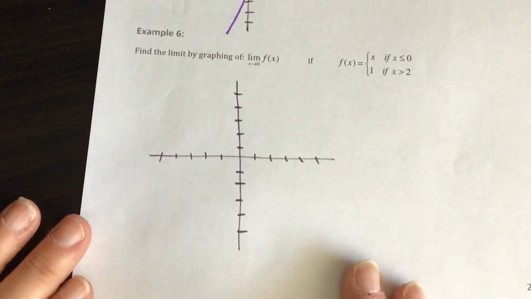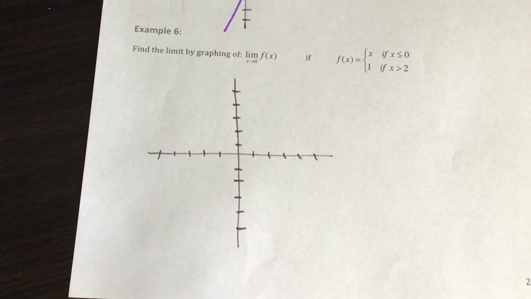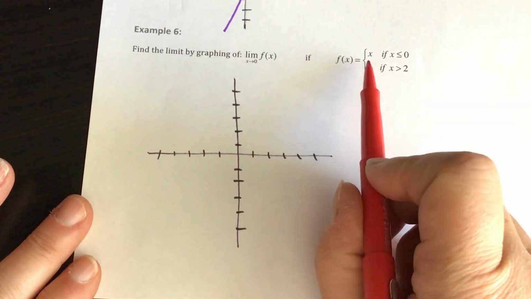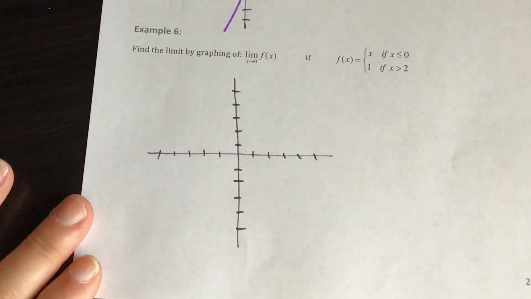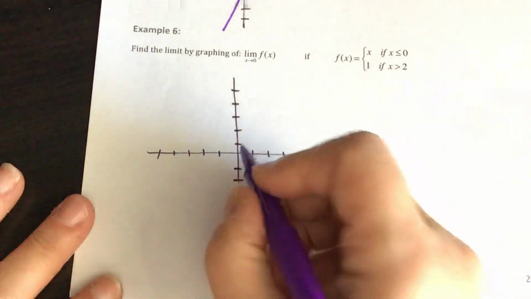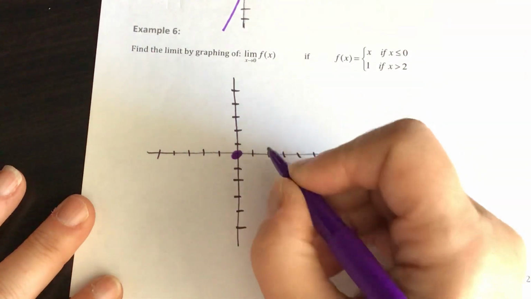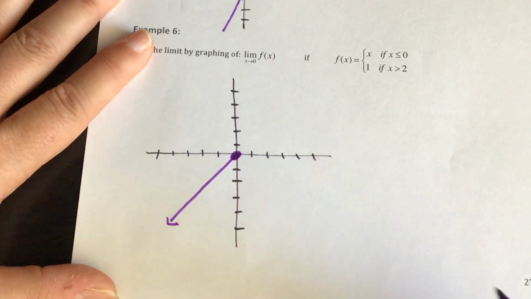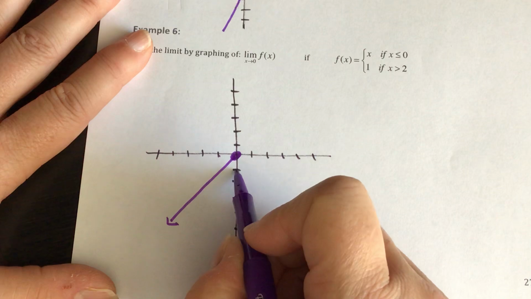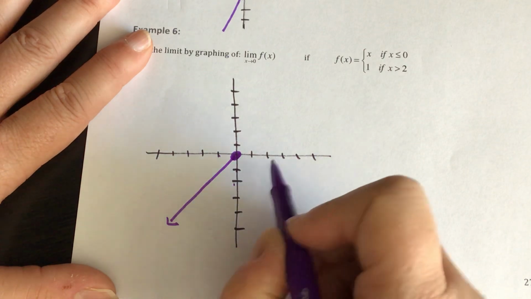Okay. Last example. Here we have a function, f of x is x if x is less than or equal to 0. So at 0, I have a dot, and then it's just f of x equals x. So -1, -1, -2, -2.